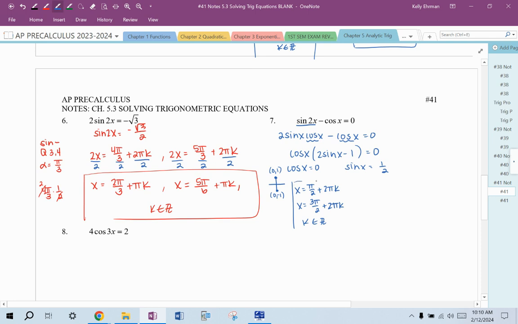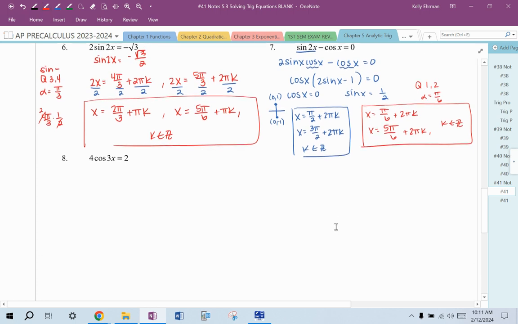So that's that first set of answers. Okay, and then sine is equal to 1/2. That sine is positive in quadrants 1 and 2. Reference angle is pi over 6. So x equals pi over 6 plus 2 pi k, and 5 pi over 6 plus 2 pi k, and k is an integer, of course.